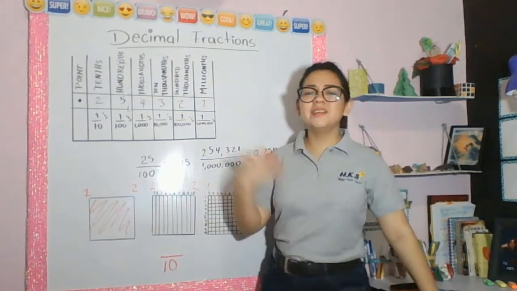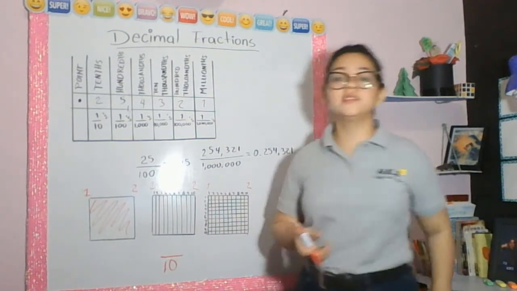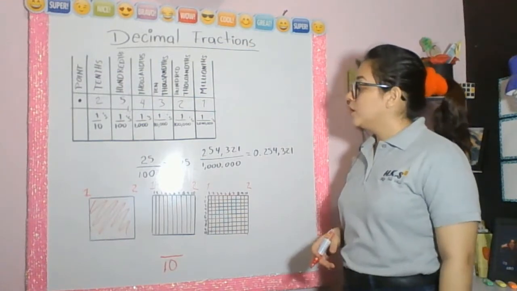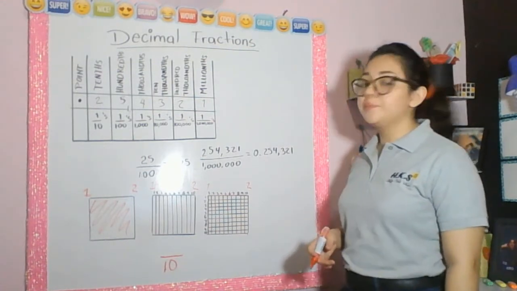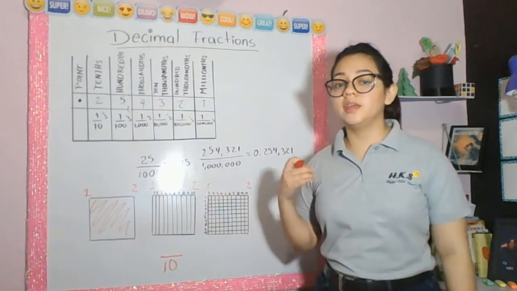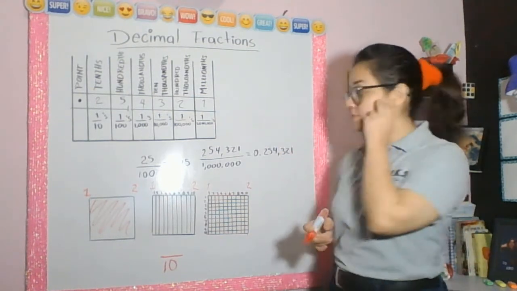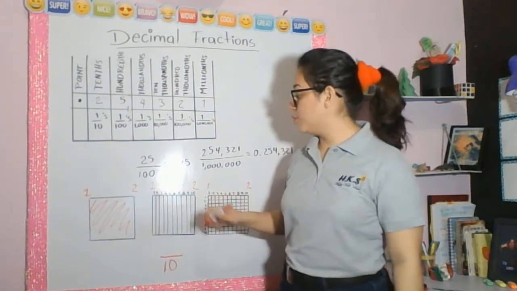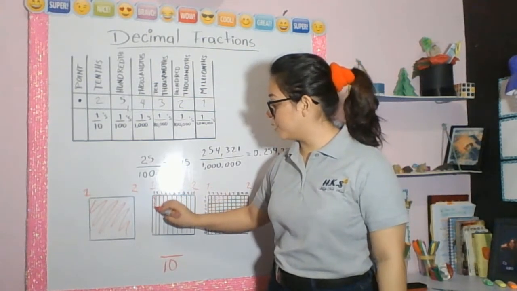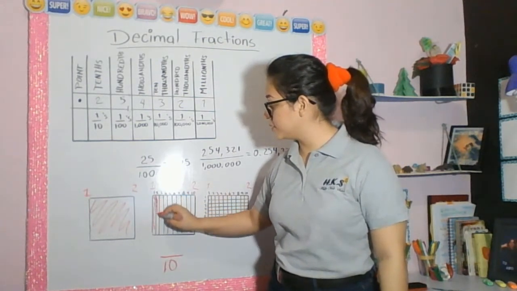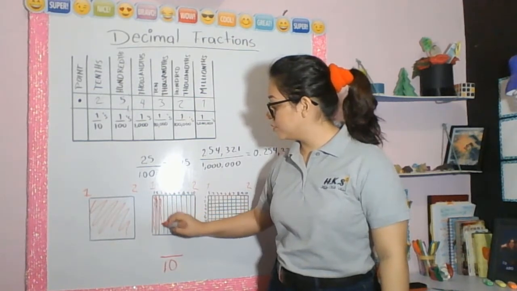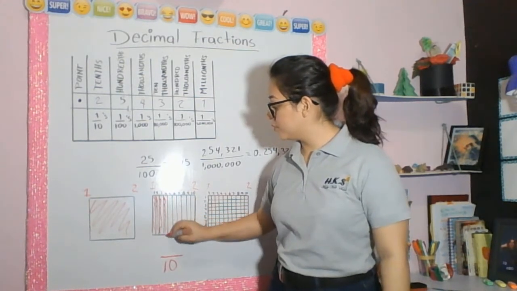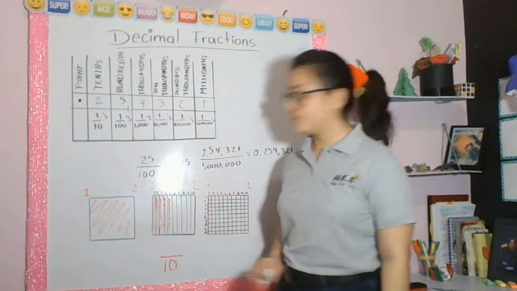Now, how many segments do I need? Let's see. I want to represent 1 and 5 tenths. So I'm gonna paint how many segments? 2, 3, 4, 5.